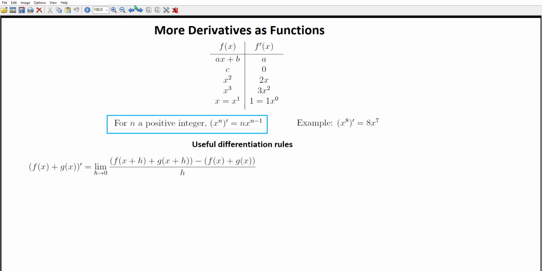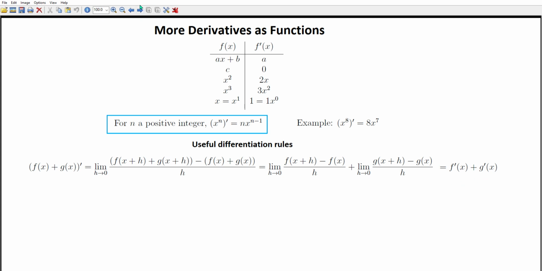We can split this into f and g parts. And when we do, what we end up seeing is this is the definition of the derivative for f, and this is the definition of the derivative for g, and there's a plus. So what we have is f prime of x plus g prime of x, which says the derivative of a sum is the sum of the derivatives.